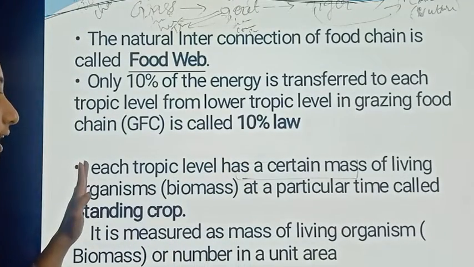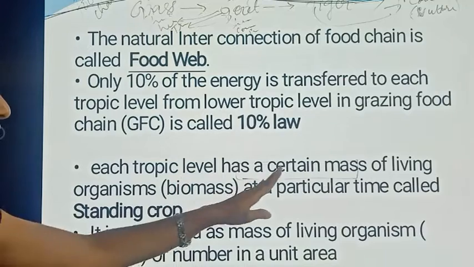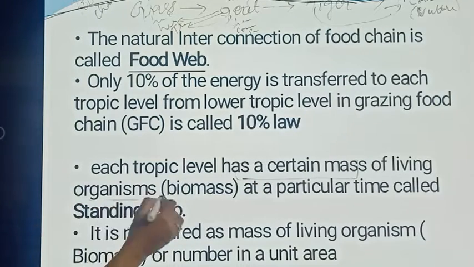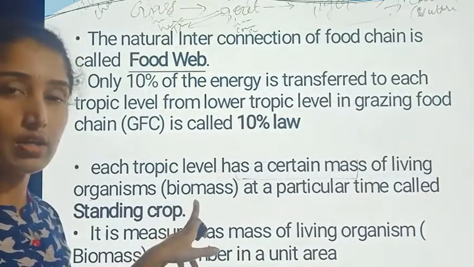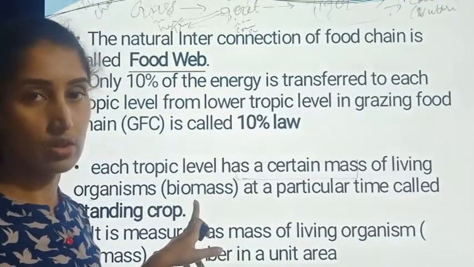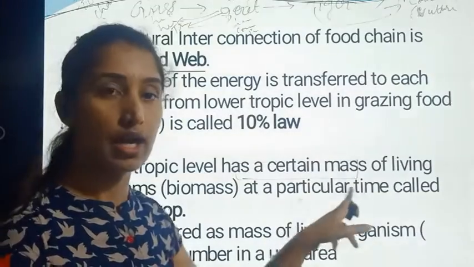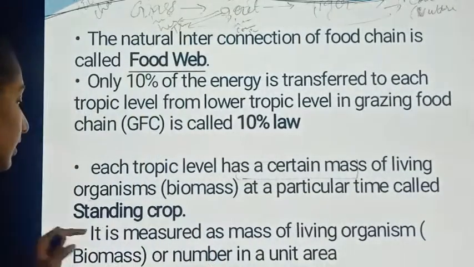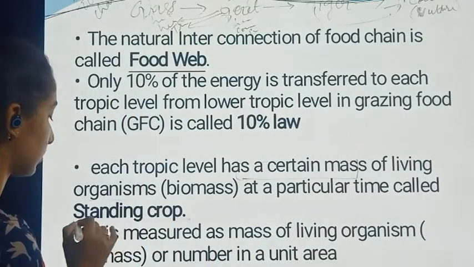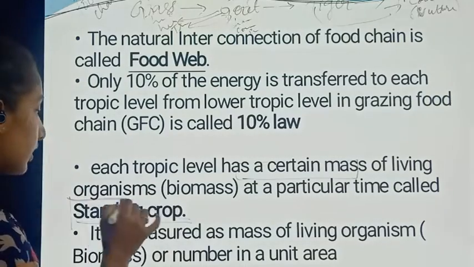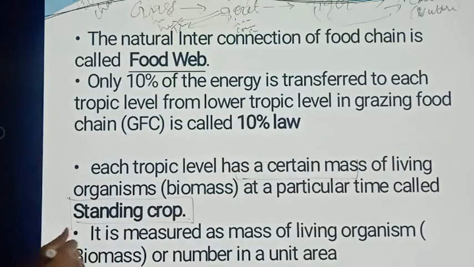Each trophic level has a certain mass of living organisms, which we can call the biomass, at a particular time, and this is called the standing crop. So what is standing crop?